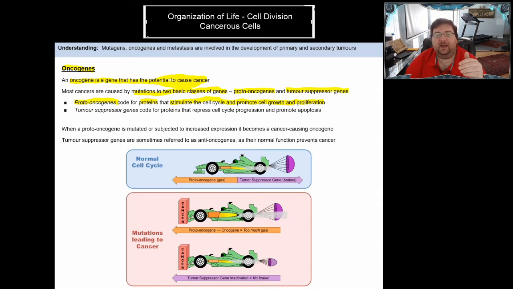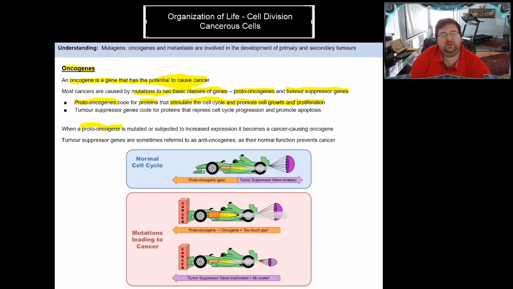The genes that stimulate cell division, or allow for the events in the cell cycle to happen, are normal. What we're talking about right now is when you have a mutation in those genes that causes your proto-oncogenes to basically go ballistic.